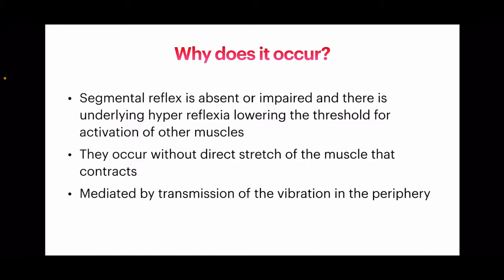Because of this, without a direct stretch of that muscle, you get a response. This is mediated by transmission of vibration in the periphery. When you tap on the tendon, that vibration gets transmitted, and it is picked up by the hyperreflexic muscles, resulting in additional movements. That is responsible for this inversion of reflexes.